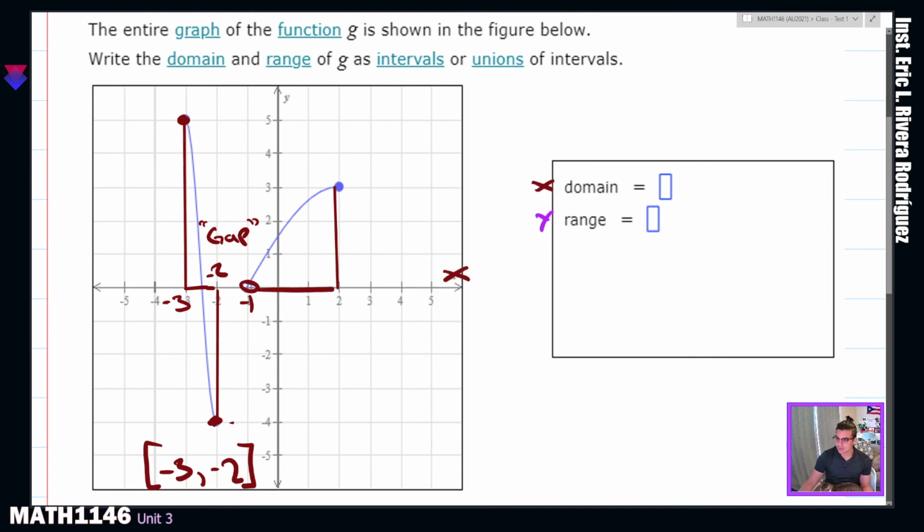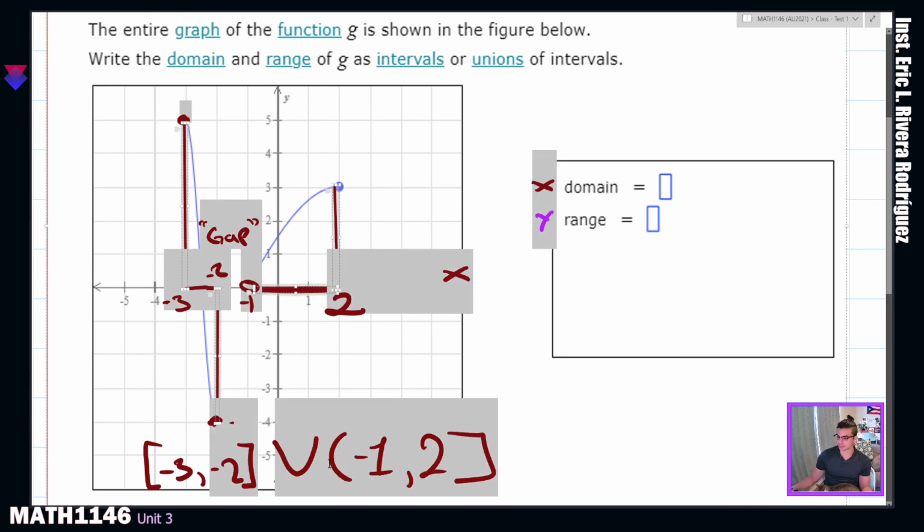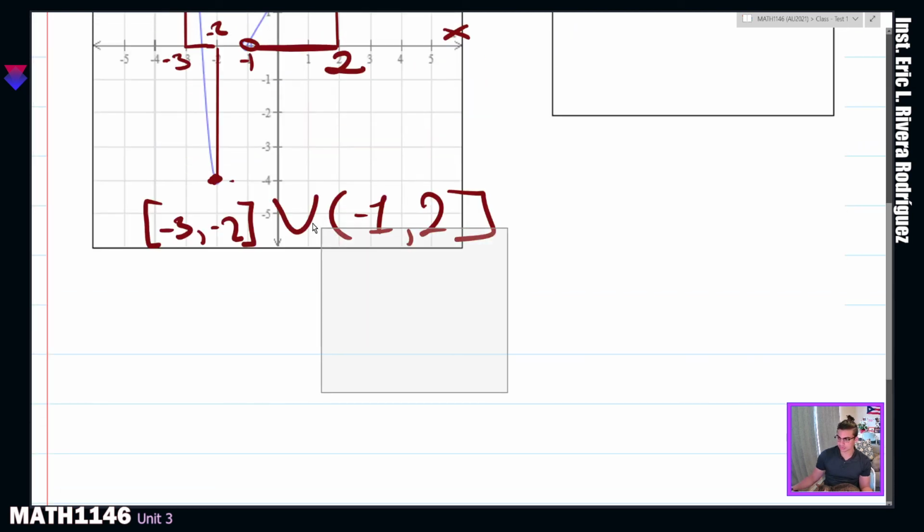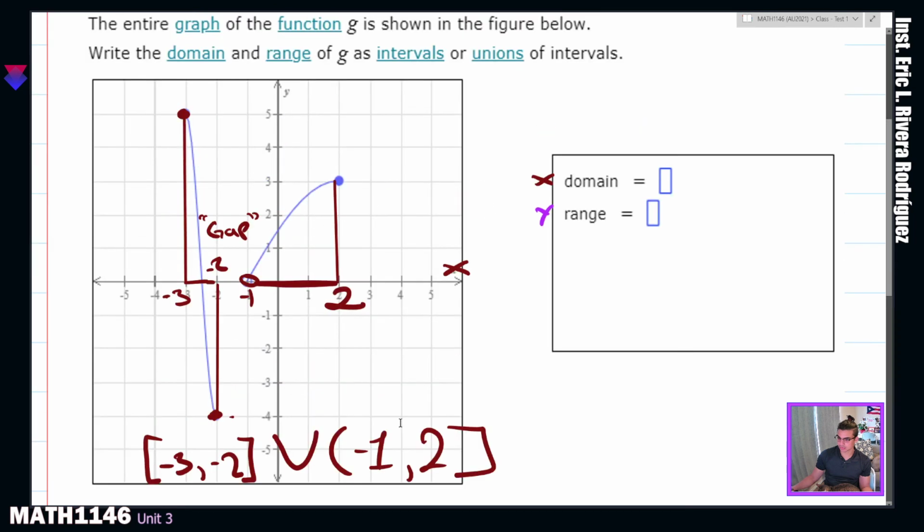So now the domain travels from negative 1 to positive 2, all right? Negative 1 with parentheses because it is an open circle, and 2 with a square bracket. So that's the domain. The domain now has two parts, two interval notations, two sets. And the way we connect those is with the letter U, as for union. Okay, so that's the domain.